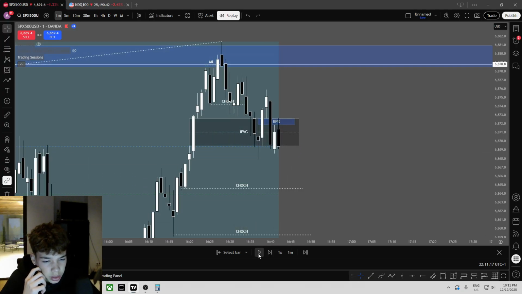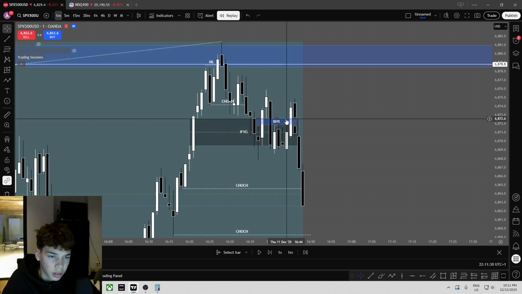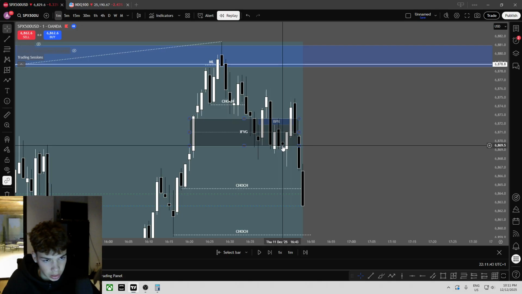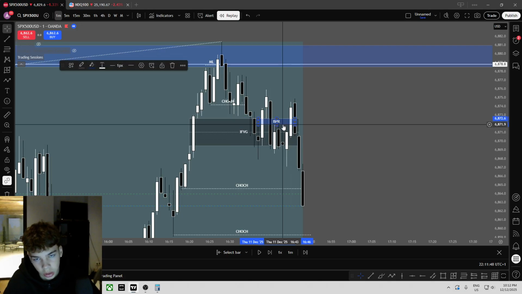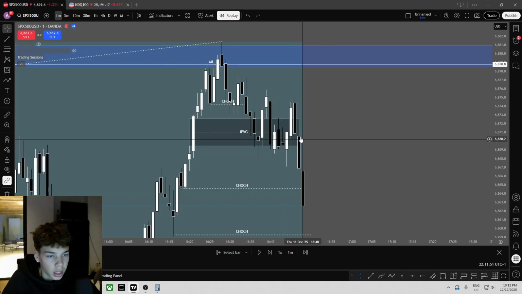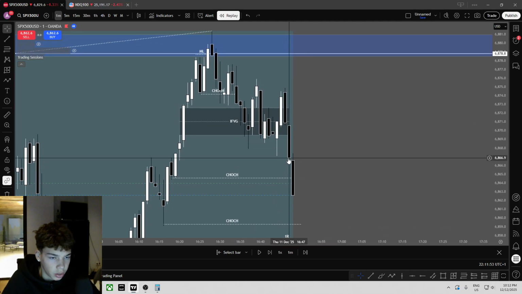Price taps into it and rejects off it, then breaks through, invalidating it, but that's kind of the idea. We form a BPR due to this fair value gap and this bearish candle causing this BPR. Price taps in, rejects all the way down here. Obviously, the smaller the BPR, the less value it has.